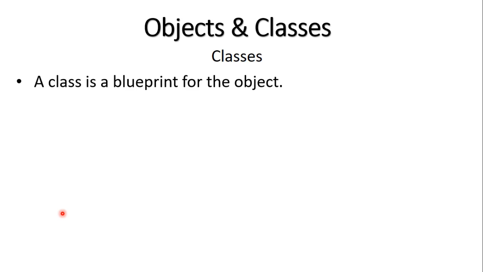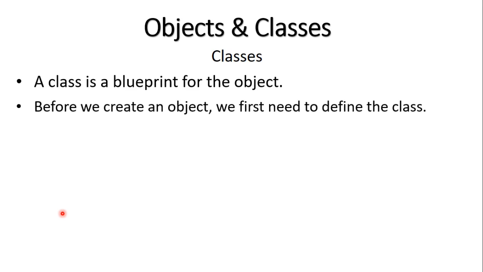And when I say the students of class 8, that means I'm talking about class 8. A class 8 student is an object. Class 8 students as a whole is a class. So a class is a blueprint for the object. And before we create an object, we first need to define the class.